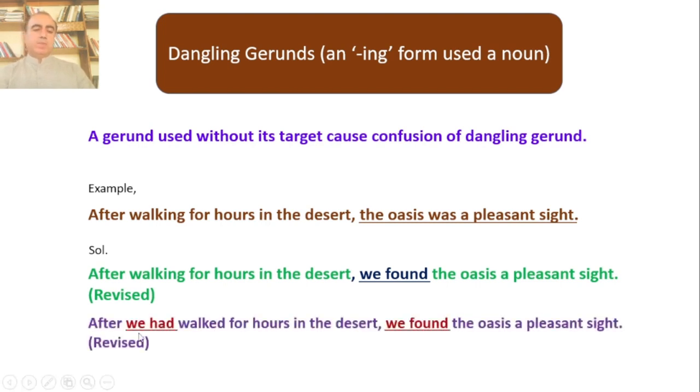Here is another example: After we had walked for hours in the desert, we found the oasis a pleasant sight. This is another revised case and is more explained. So there can be other examples of solutions to this case of dangling modifier, the dangling gerund case.